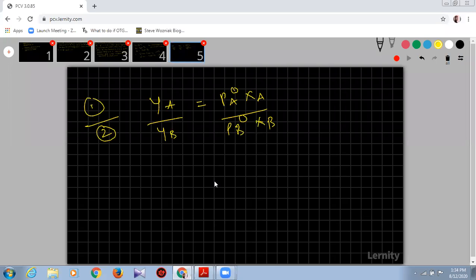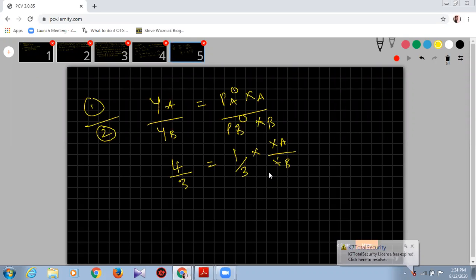What data was given here? The mole fraction of A to B in the vapor phase is 4 is to 3. That's why 4 upon 3 is equal to PA naught is to PB naught, which is 1 is to 3, into XA upon XB.